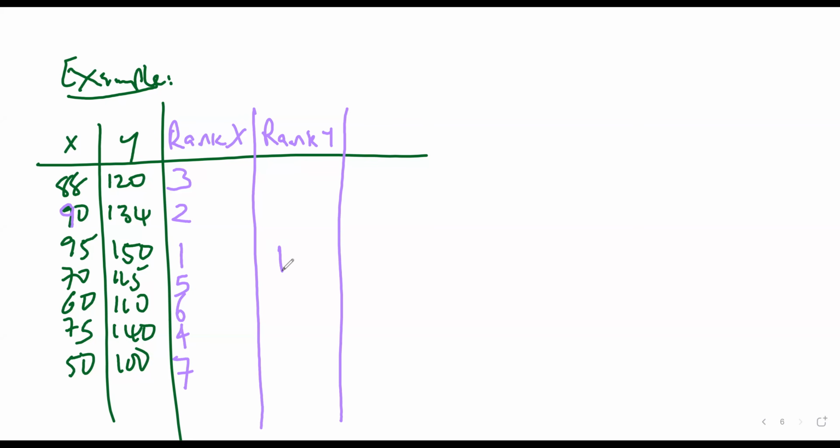I want you to imagine a scenario where I have 7 students, and their tests are marked by 2 lecturers, a lecturer called X and another lecturer called Y. The numbers indicated here are the marks awarded by the different lecturers. If you are to rank the students, will there be consistency in the way they are ranked according to their performance?